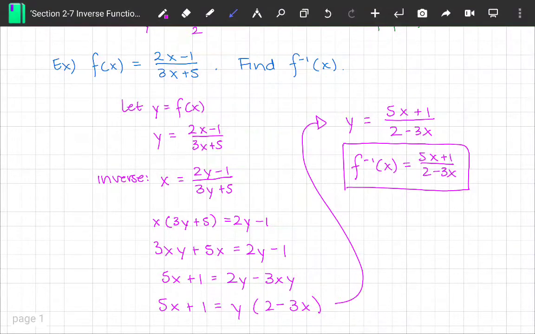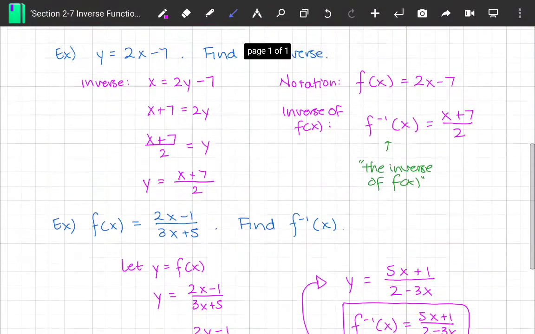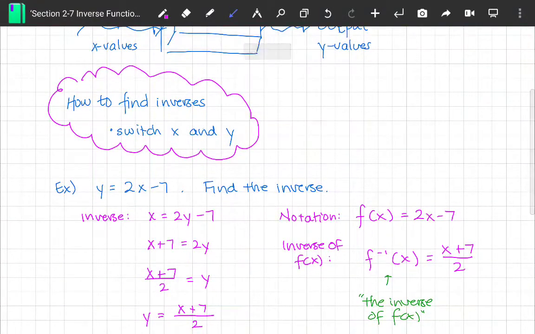But it really does. If you were to take an x value and put it here and get an output, if you put that output in here, you would get the original value for x. And it would work. So that's how you find inverses. So the general gist for finding inverses is switch x and y, but usually we also solve for y.